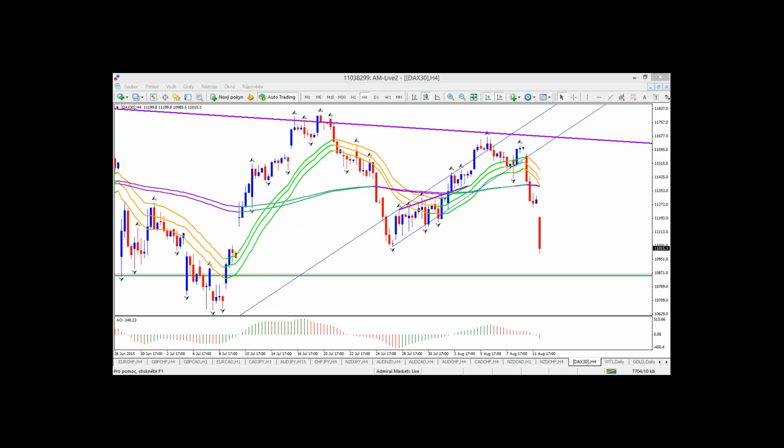The indices are falling at this moment, probably as a response to the news from China, and as Beverly says, most of these main indices are looking like this, and it's seen as basically a competitive devaluation, or at least that's what some say.